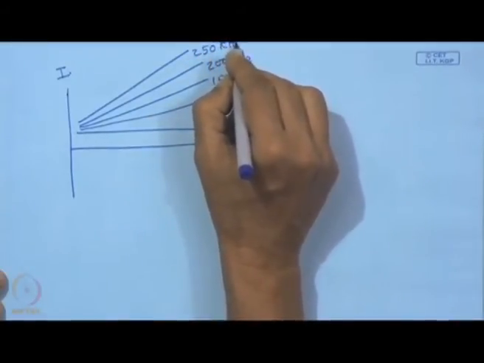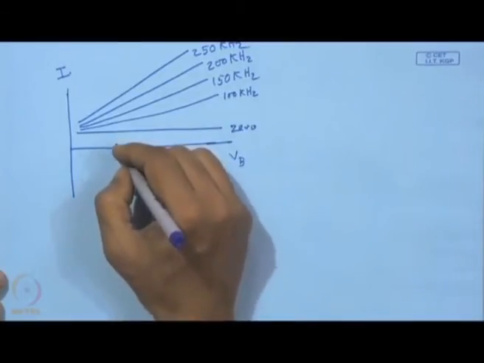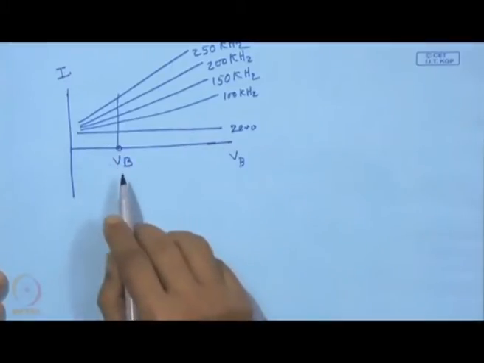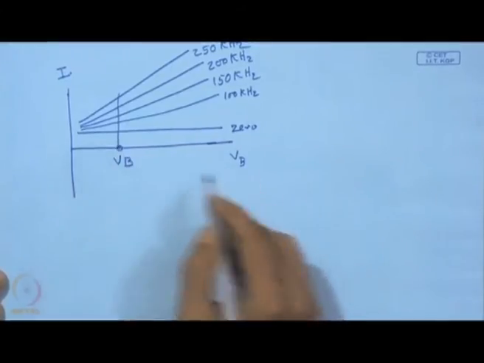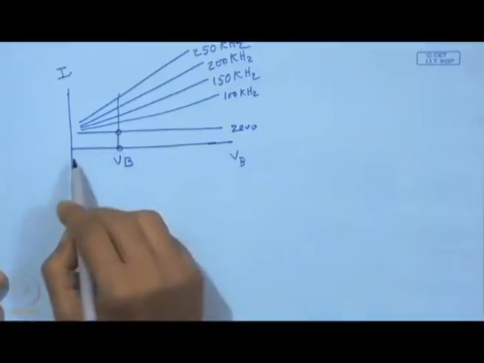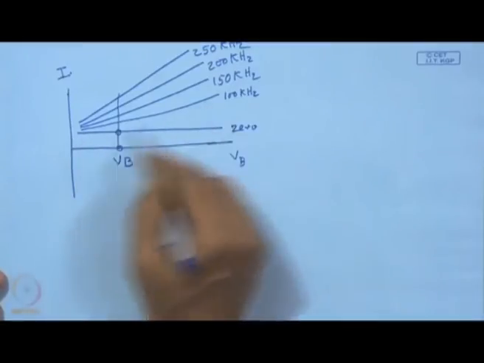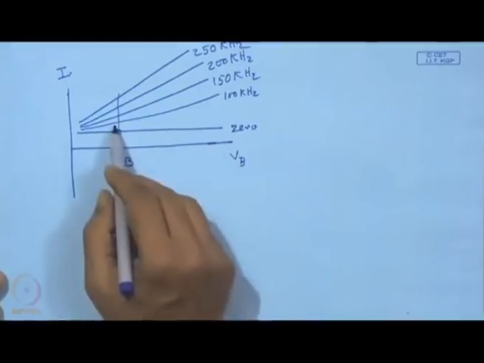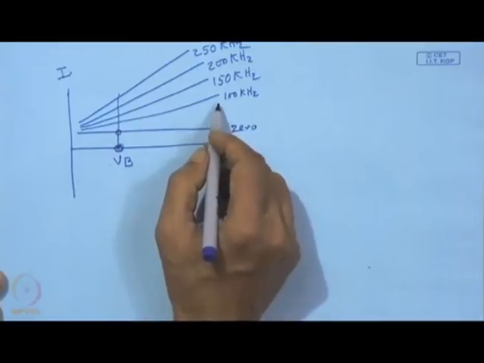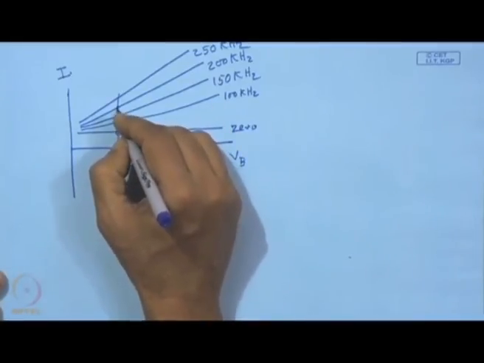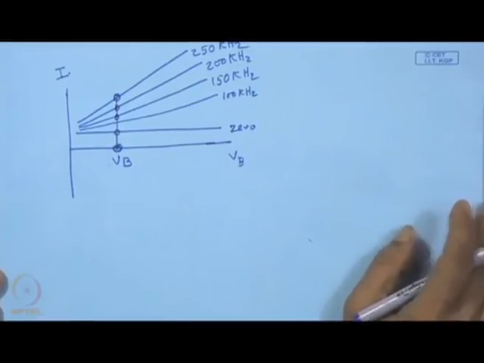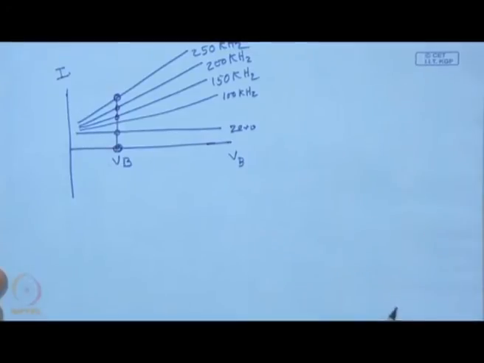That means, for one bias voltage here, just for this VB, maybe 100 volt or somewhere around, with 0 frequency this is the value, which does not increase. But now, since it is under pulsation, the current will also increase with voltage, and at the same low voltage, if we keep on changing the frequency, we can get the substrate current at an enhanced rate, and that is very advantageous.